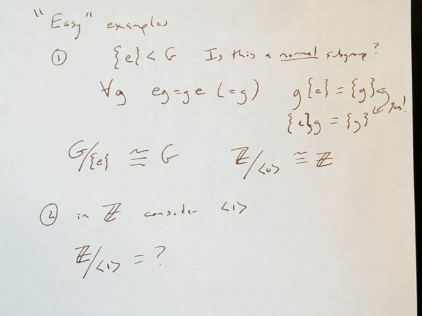And this time, I'm absolutely sure it's abelian. The integers are abelian under addition. Means every subgroup is normal. So I know the subgroup generated by 1 is a normal subgroup. Fabulous. What's Z mod the subgroup generated by 1?